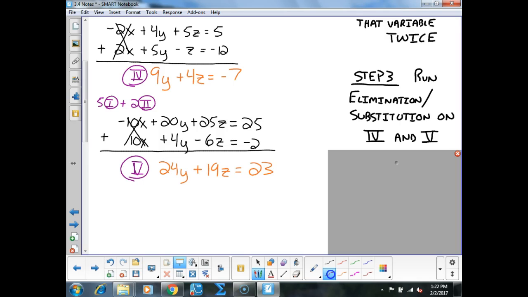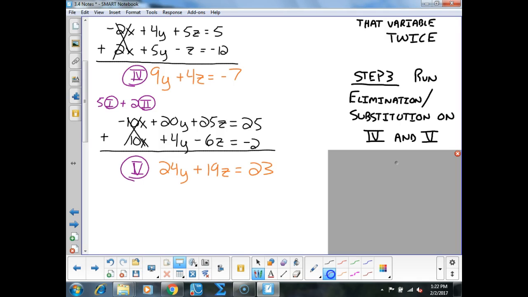I get it. I really don't either. Substitution? Is there a good one to solve for? Nope, I don't like substitution either. So we've got to set up elimination. Do you want to eliminate y or z? All right, y. Let's eliminate y.